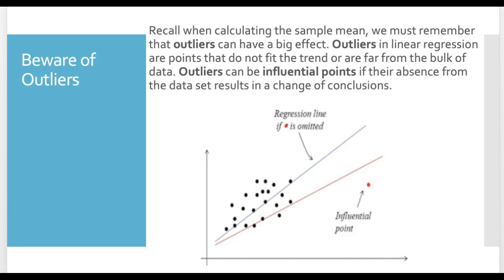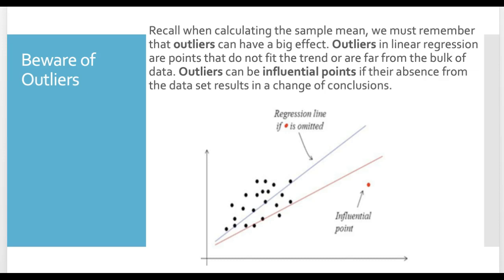The other thing is beware of outliers. We've seen outliers in histograms or in dot plots. They're just points that are very far away from the others. Just remember that when we calculate the sample mean, outliers can have a big effect on the sample mean, so we need to keep track of those.